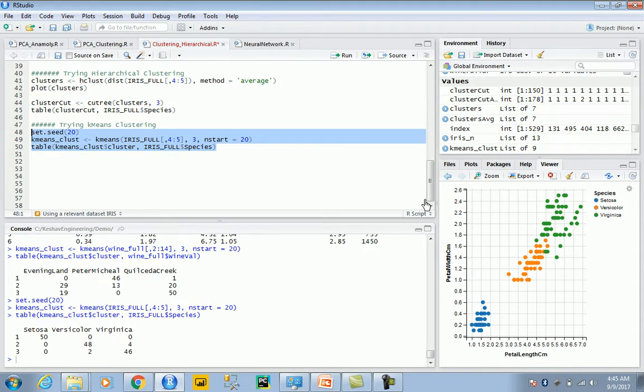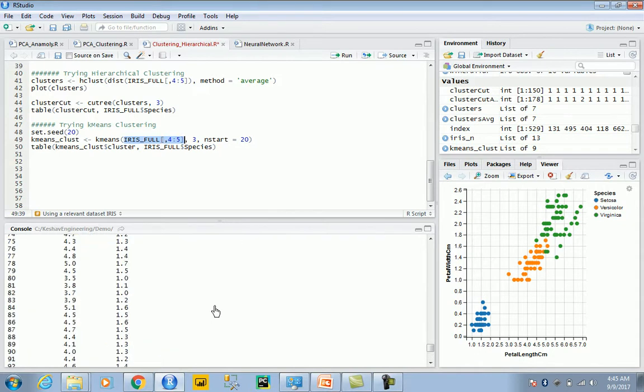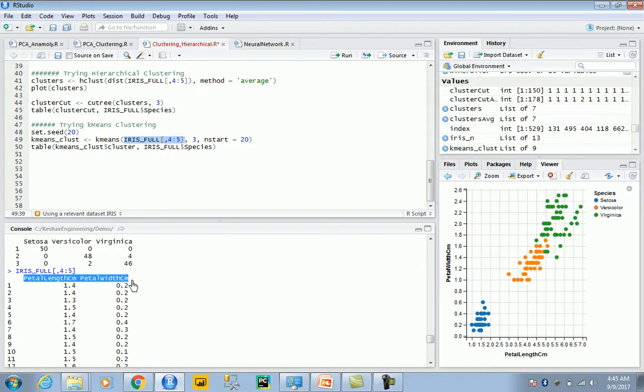For iris, again we have the 3 species of iris flowers, which we are trying to cluster, based on their petal length and petal width, and what we get is a reasonably good cluster for this piece of data. What you see here is columns 4 and 5, the petal length and petal width of the data, and we have done the clustering.